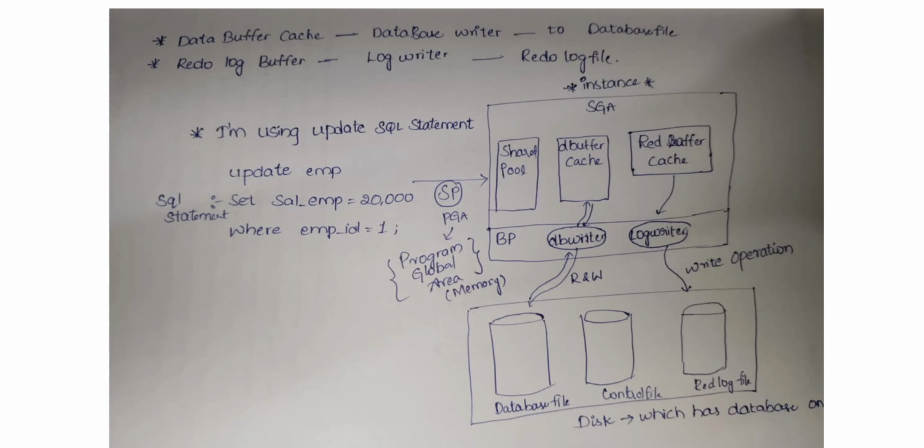This is all about redo log files and also the redo log buffer. We will know more about database files, control files, redo log files, archived files, and the archiver process in the next video.